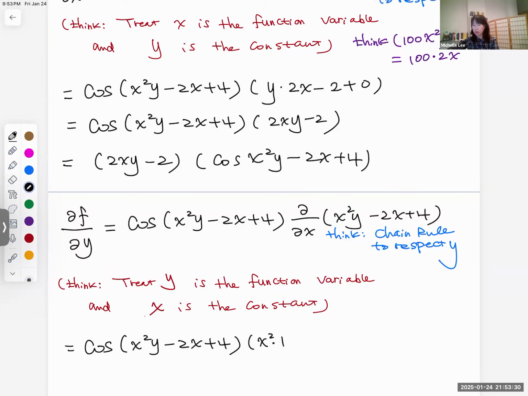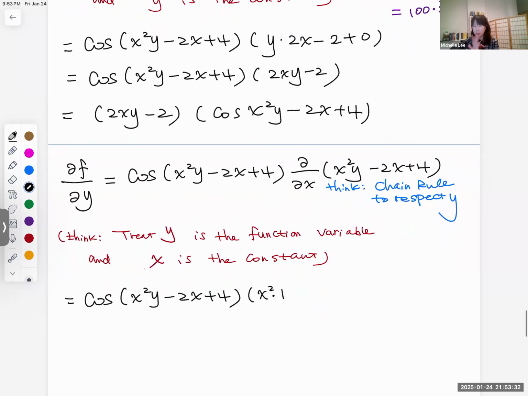Yeah, 1 is just unnecessary writing, right? Okay, minus the derivative of negative 2x. It's a constant, so it's 0, right? This is a real constant, it's 0. So we have a 0.